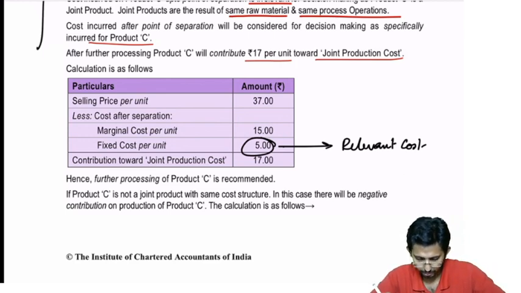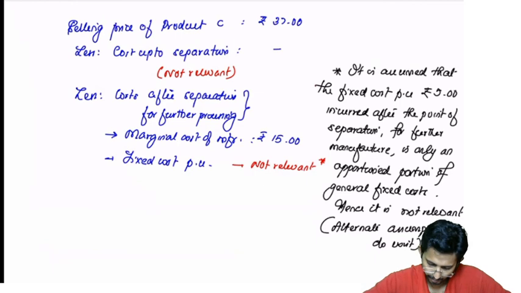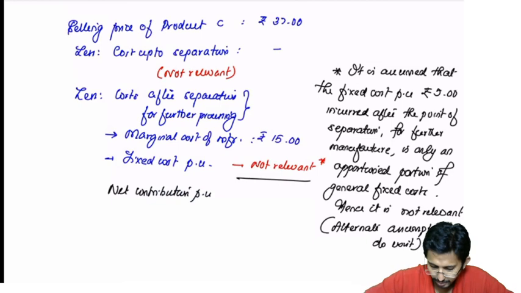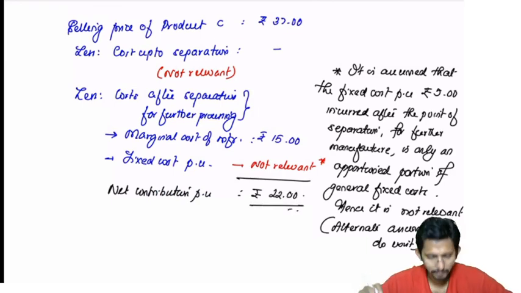So what will happen? Net contribution per unit, how much? Rupees 37 minus 15, that is 22 per unit. Is it clear?